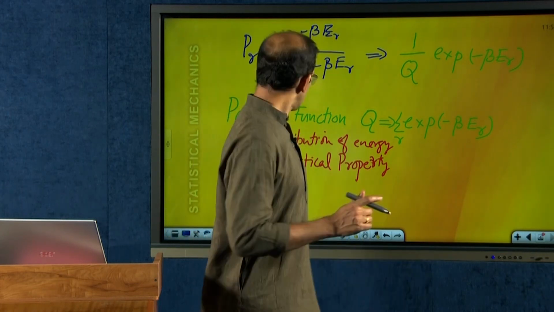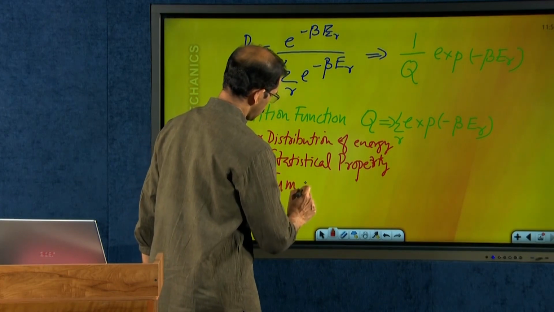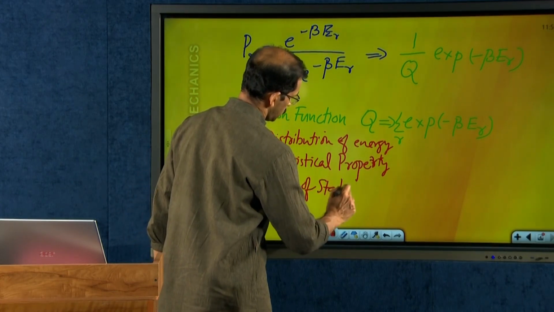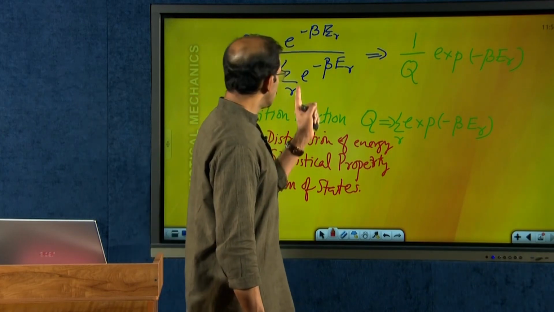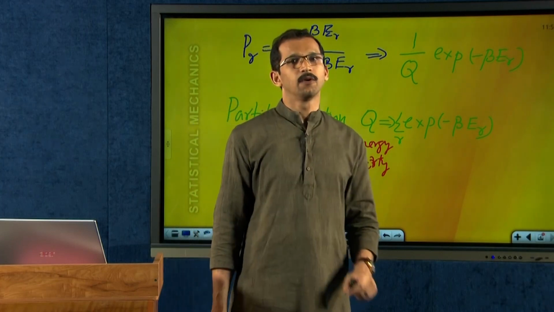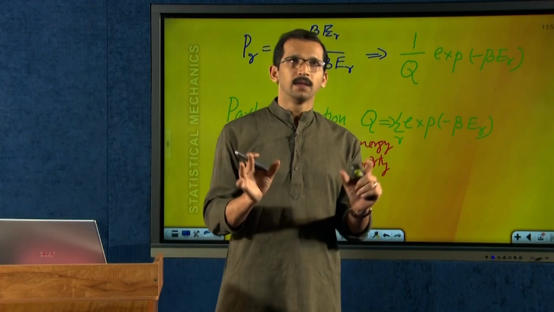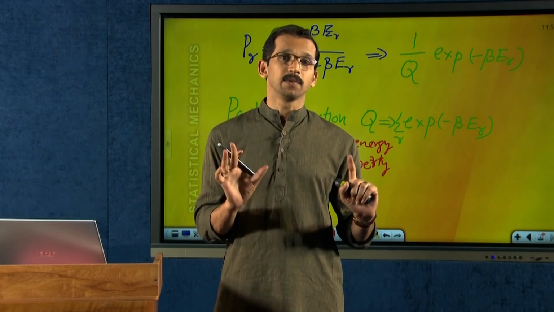Another important term is the sum of states. In some textbooks you will see the partition function otherwise defined as the sum of states, because the partition function connects the weighted number of states a system can occupy.